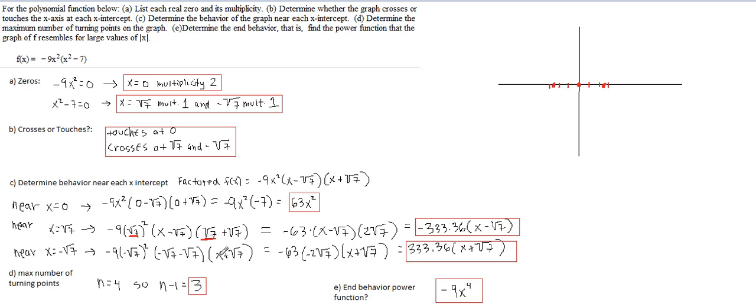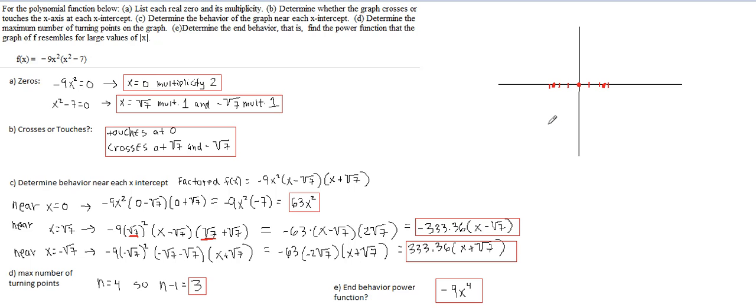So we don't put it in there, but we do put it in the other two x spots of the factored form. Once we solve out all that work, remember when we add negative square root of 7 and negative square root of 7, we get negative 2 square root of 7, and then we multiply those together. We get positive this time, 333.36 times x plus square root of 7. So that is the behavior near each x-intercept.